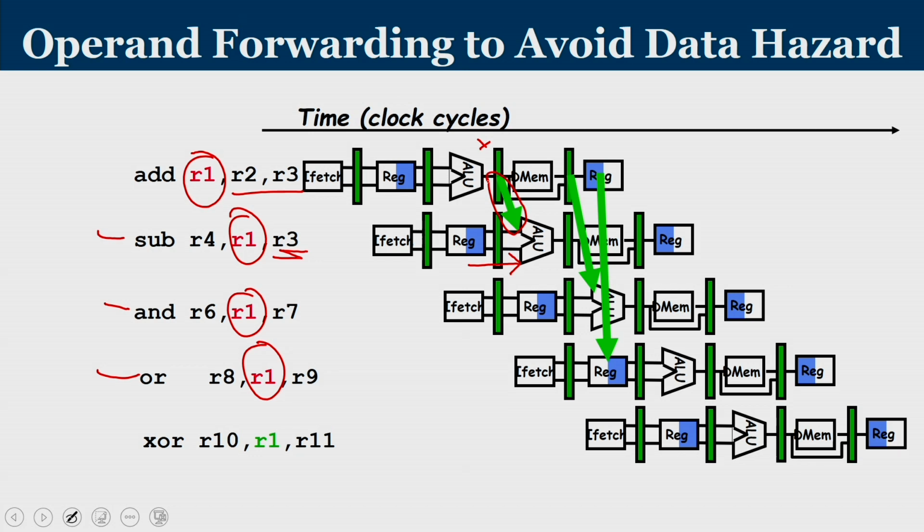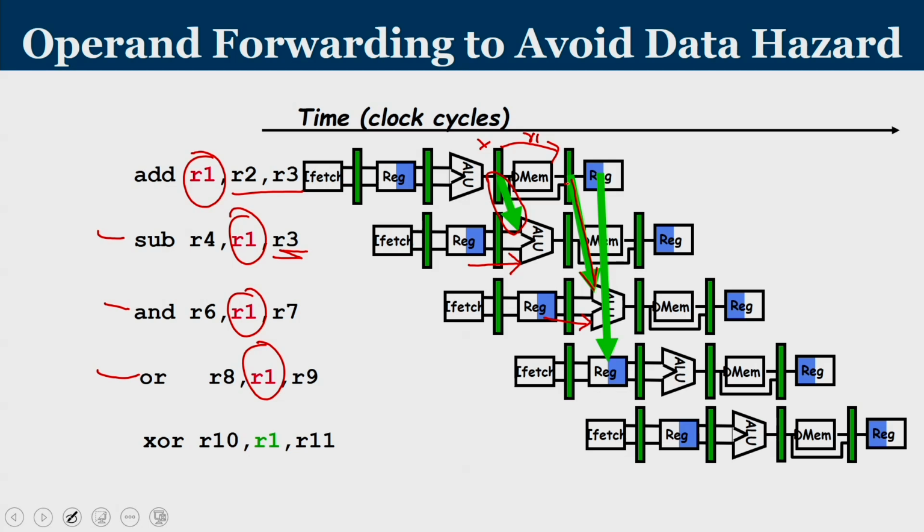Now, in the second case, the value of R1 is needed. So, you get the value of R7 here, and the value of R1 will be forwarded from the MEM stage of the first instruction. So, the value to be written to R1 is now travelling from the EX/MEM pipeline register to the MEM/WB pipeline register. From the MEM/WB pipeline register, in the appropriate cycle, this value gets forwarded to the ALU.